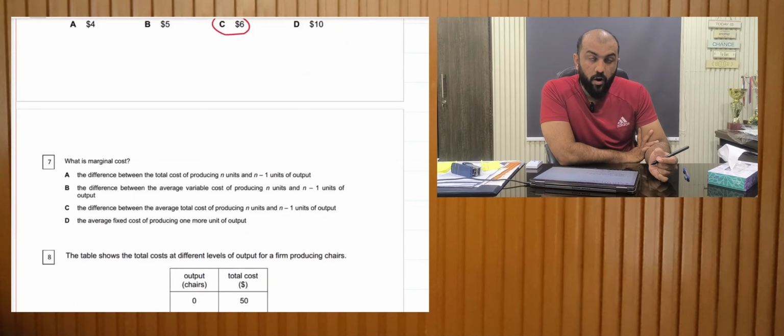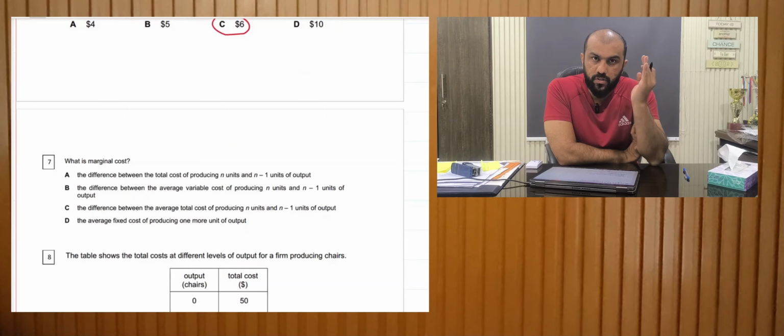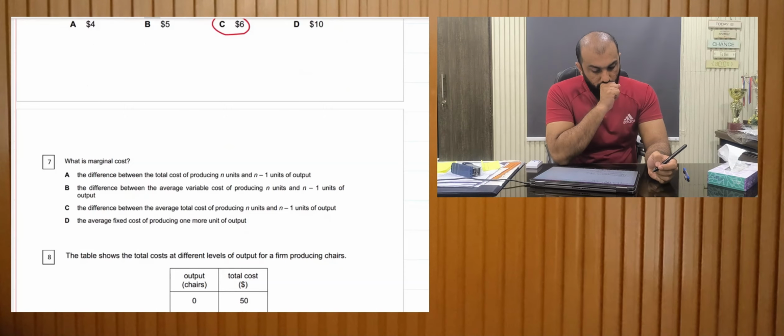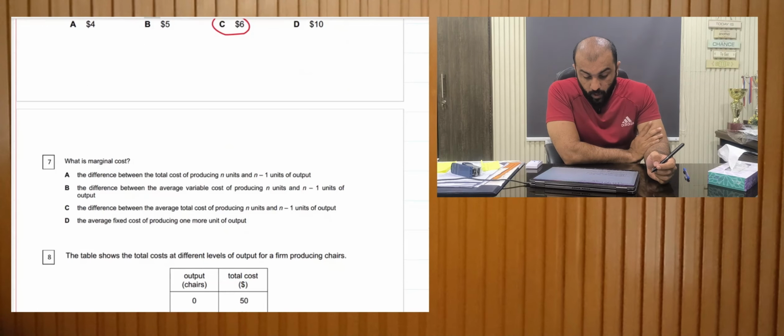What is marginal cost? Well, the basic definition of marginal cost is the cost of one additional unit. Let's look at the option. The difference between total cost of producing n units and n minus 1 units.